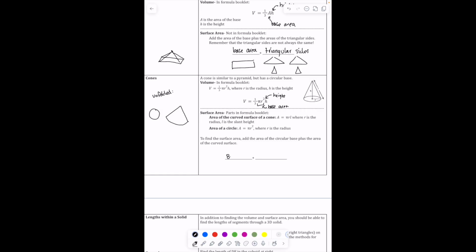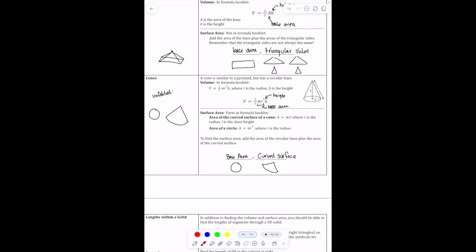So we're going to add our base area. That is just this, pi r squared, it's a circle. And then curved surface. That curved surface is going to be a sector where the sector length is the circumference of the circle.